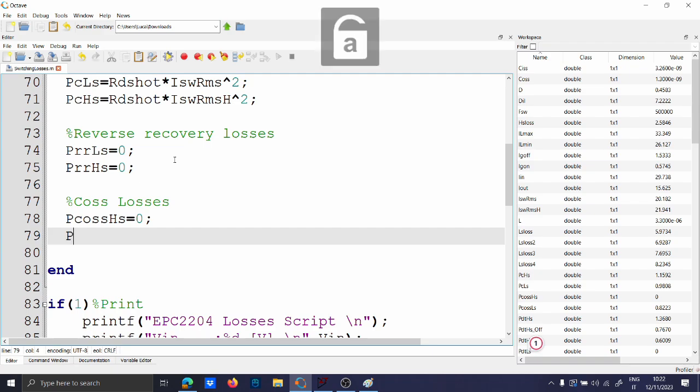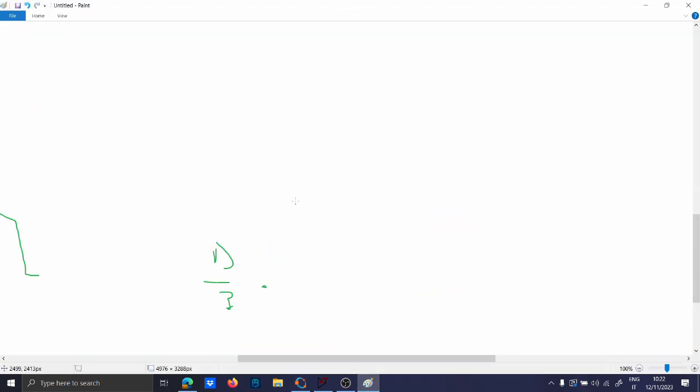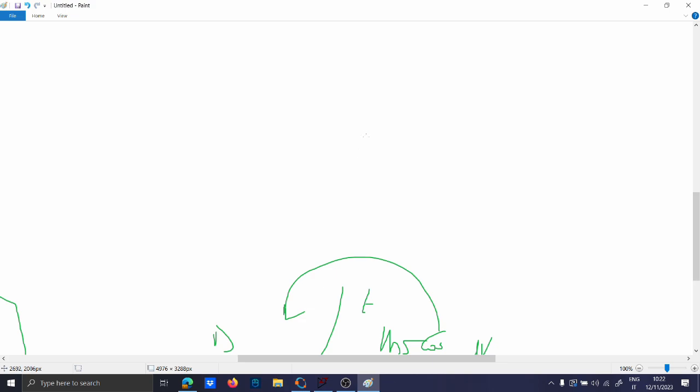So the COSS losses instead for the low side, PCOSS low side, are given by an integral, the integral from 0 to t of VDS times COSS. You take COSS outside, so you have the integral of VDS dV.